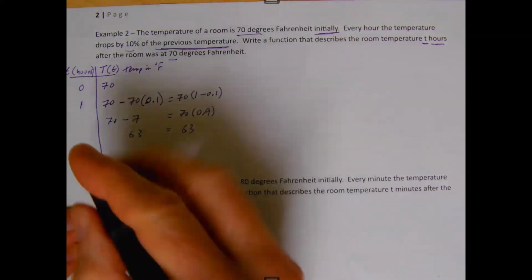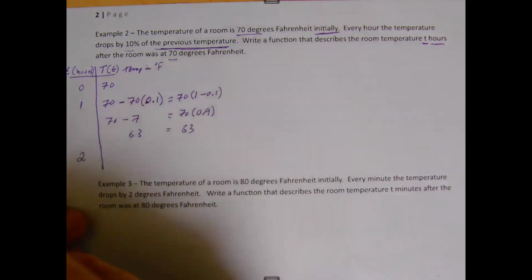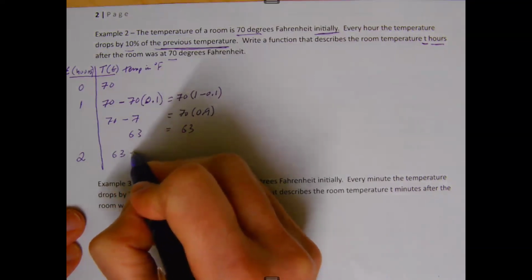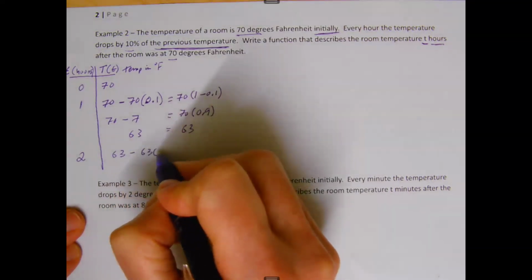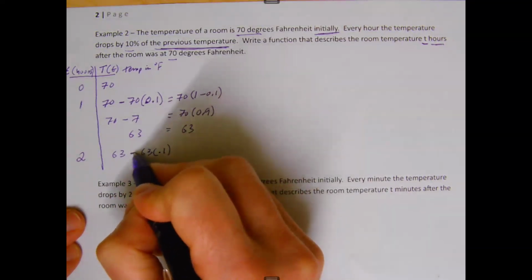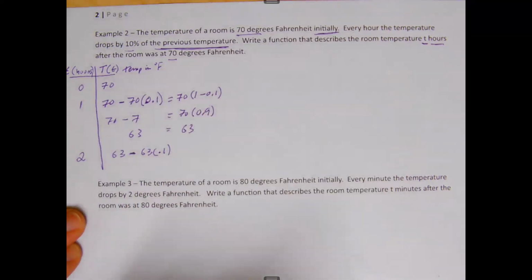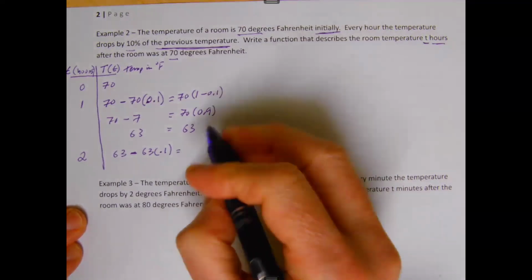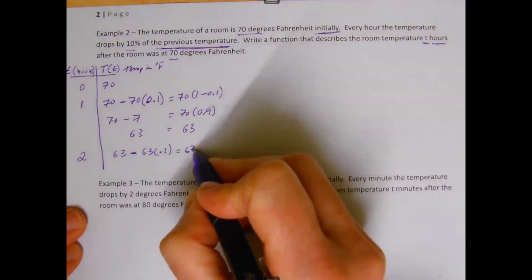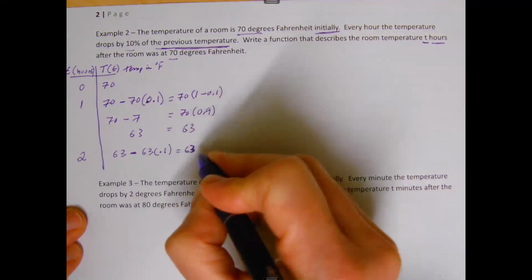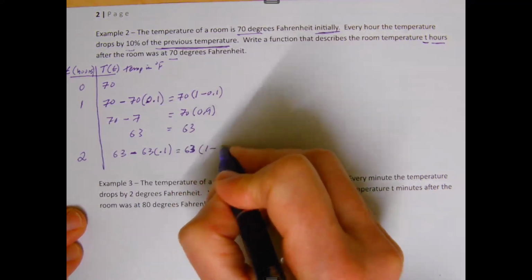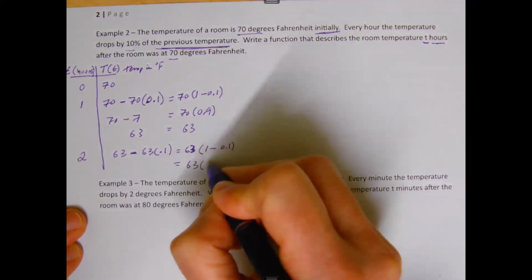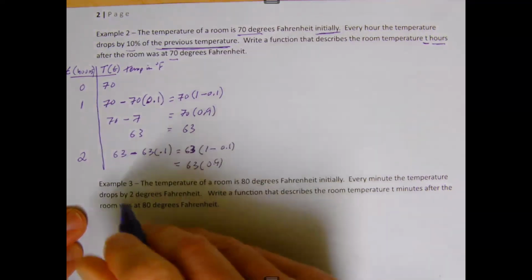If I do this again, we go through exactly the same process: 63 minus 63 times 0.1. I am subtracting because it's dropping by 10% of the previous temperature. If I factor out the 63, what do I get? 1 minus 0.1. So I get 63 times 0.9.